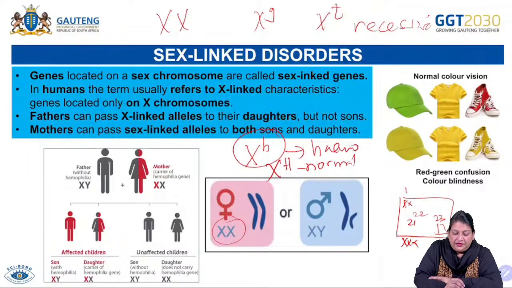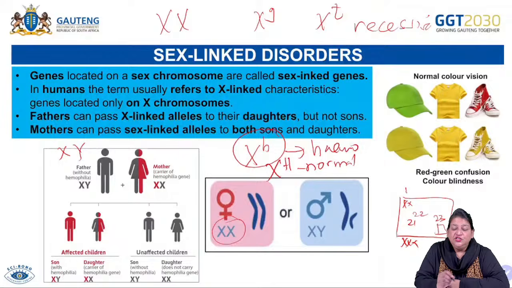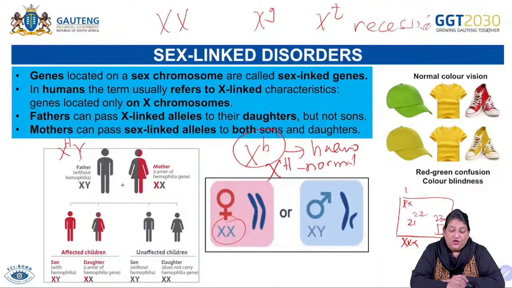So a father is normally XY. If he is normal without hemophilia, he is going to be x to the power big H, which means he's carrying the normal dominant allele. You see him as normal. He doesn't have the disease. There are no alleles or genes on the Y chromosome.